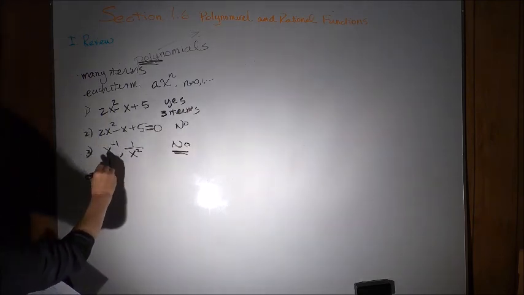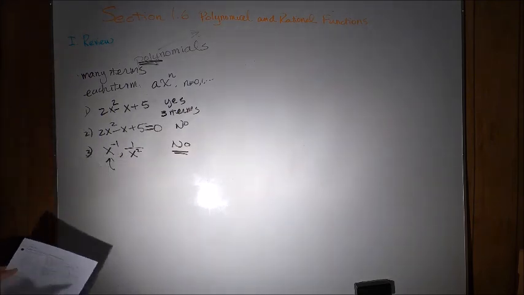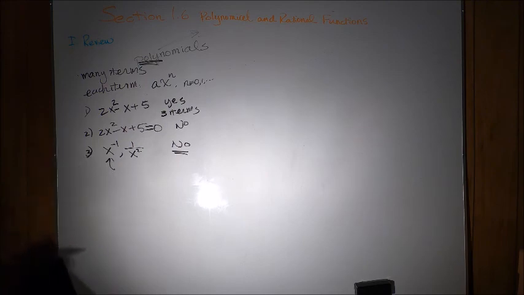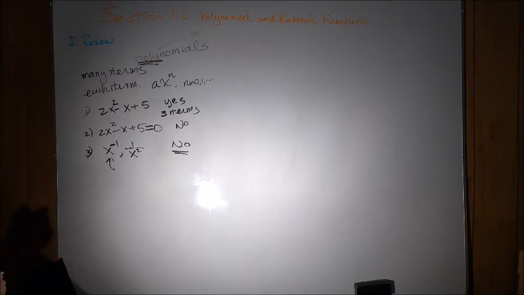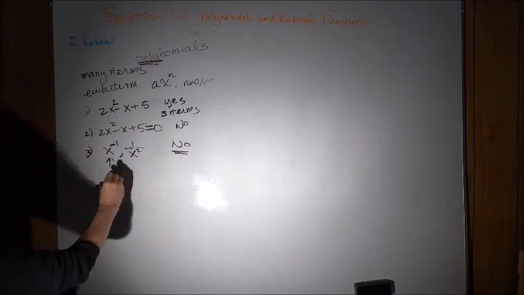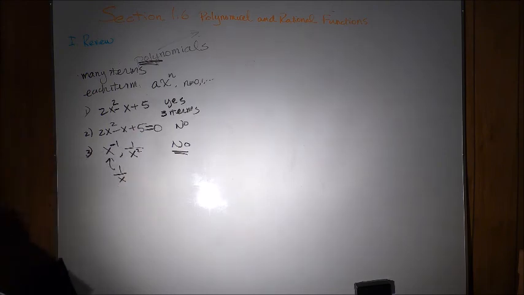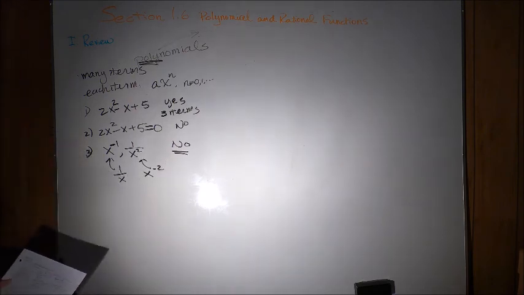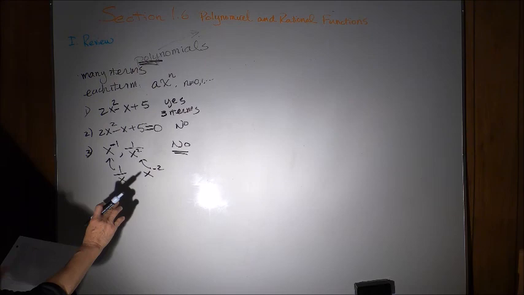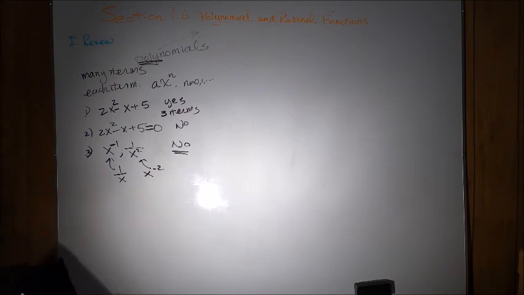No. What does x to the negative 1 mean? Negative 1 doesn't mean negative 1. We talked about it before. Negative is a symbol. It means a reciprocal. So that means 1 over x. And 1 over x squared we can write as x to the negative 2. So this is not a polynomial.